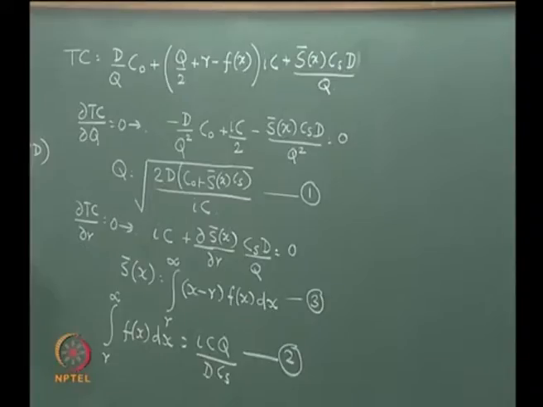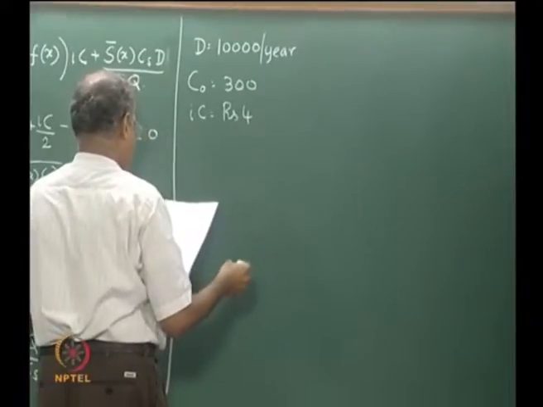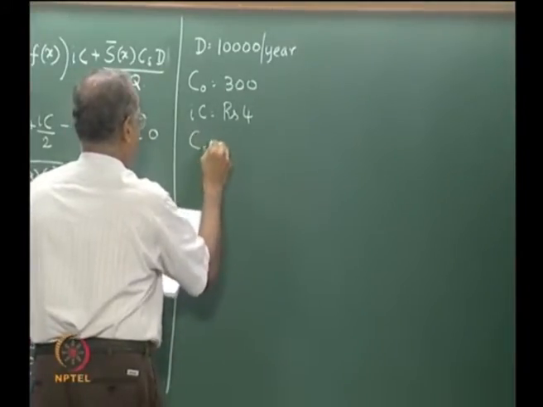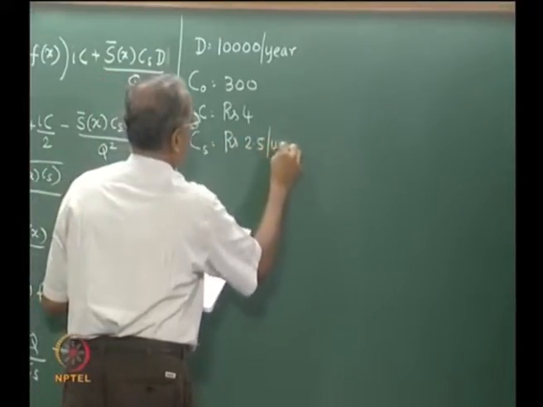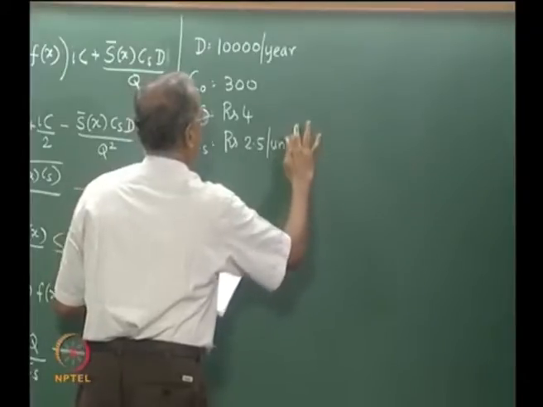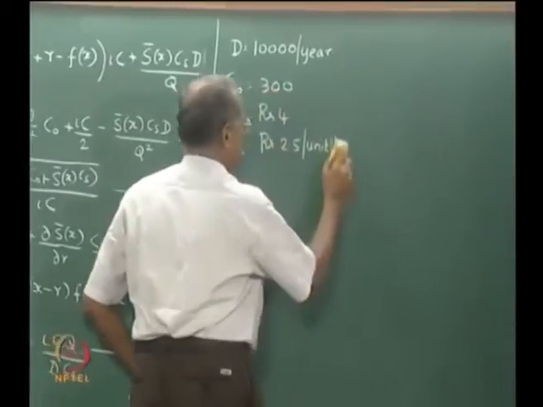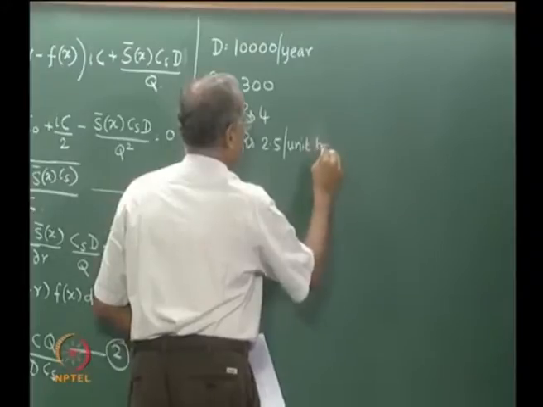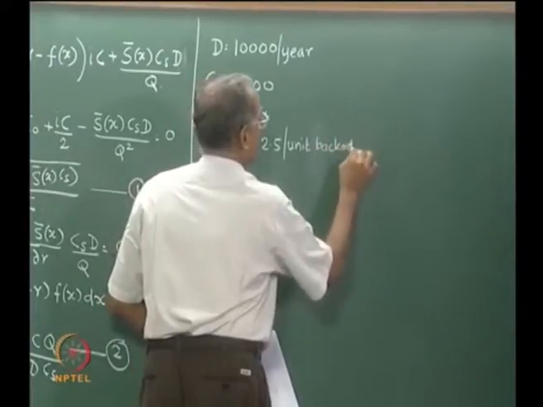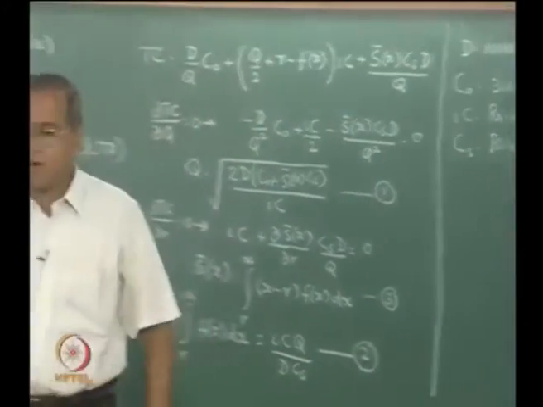So, we are going to assume C naught equal to 300, IC equal to rupees 4, CS is equal to rupees 2.5 per unit back ordered, and we want to find out Q.